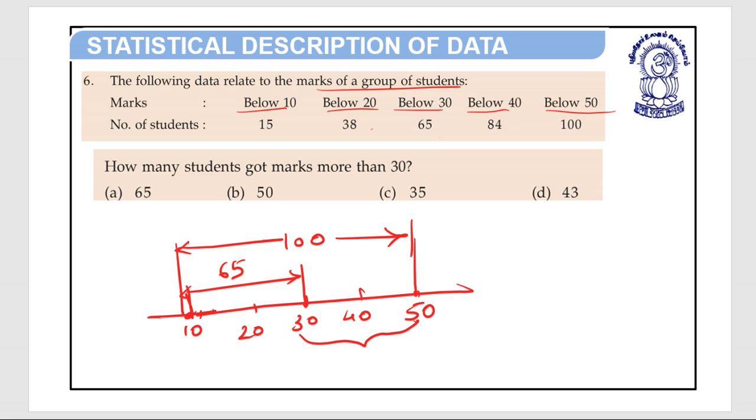So 100 minus 65 is equal to 35. So option C is the right answer, 35.